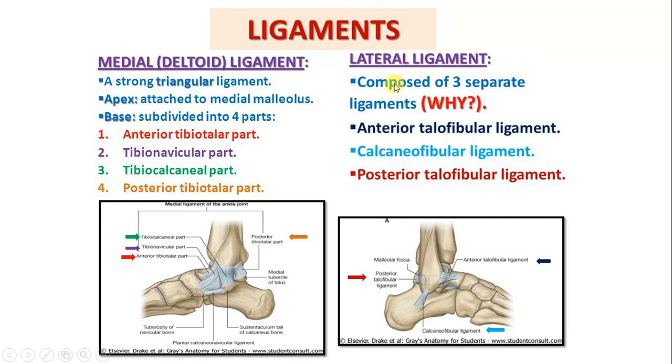Regarding the lateral ligament, it is composed of three separate ligaments: the anterior talofibular ligament, the calcaneofibular ligament, and the posterior talofibular ligament. So three separate parts of the lateral ligament on the lateral side.